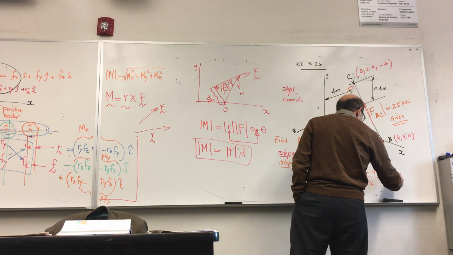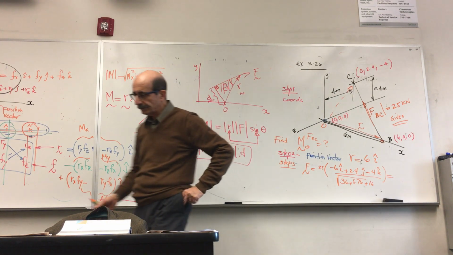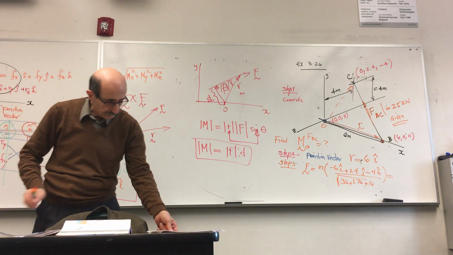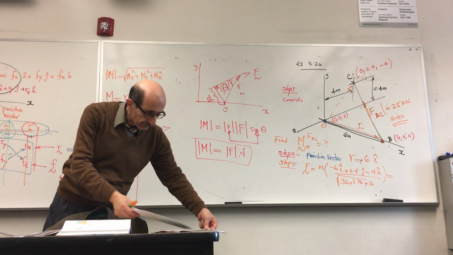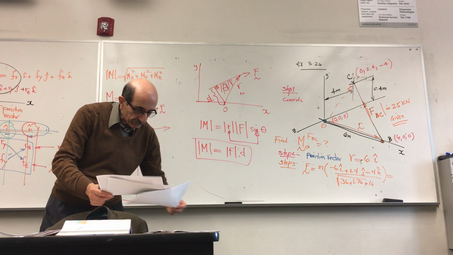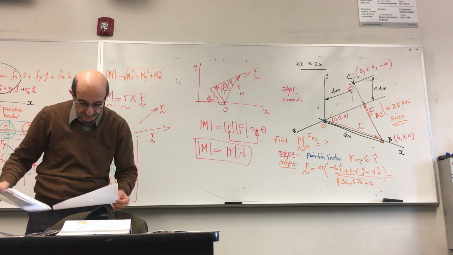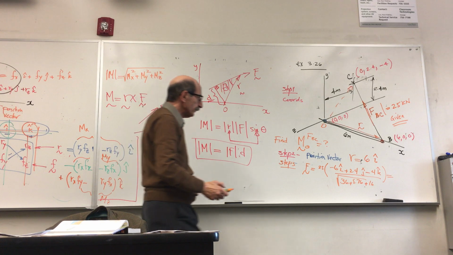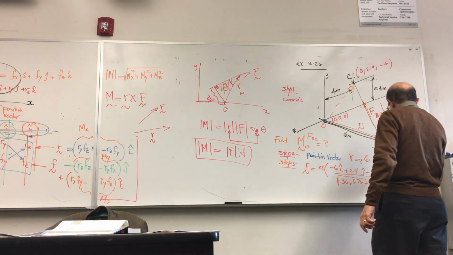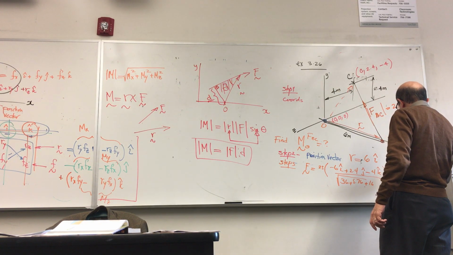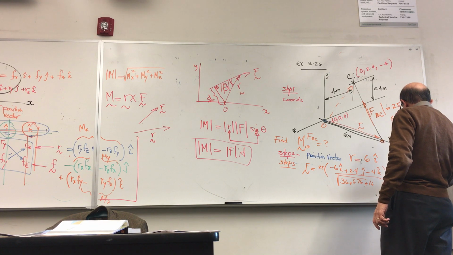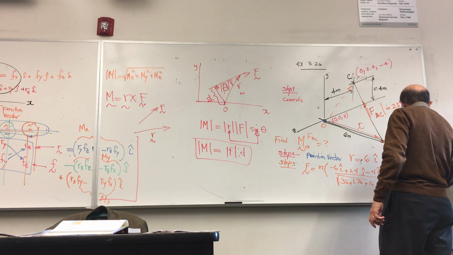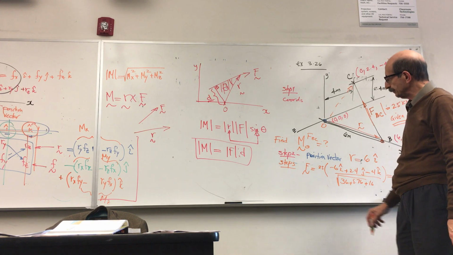You simplify that, and you find something like this: Fx i plus Fy j plus Fz k. So this would be the equation.